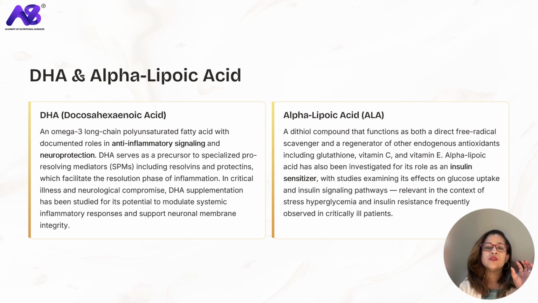Whether it is anti-inflammatory action or neuroprotection that you're looking at, these are two important bioactive nutrients that influence the formula sometimes. So look at the amount of docosahexaenoic acid or alpha lipoic acid. Both play a very important role in reducing inflammation and protecting the cell from oxidative damage.